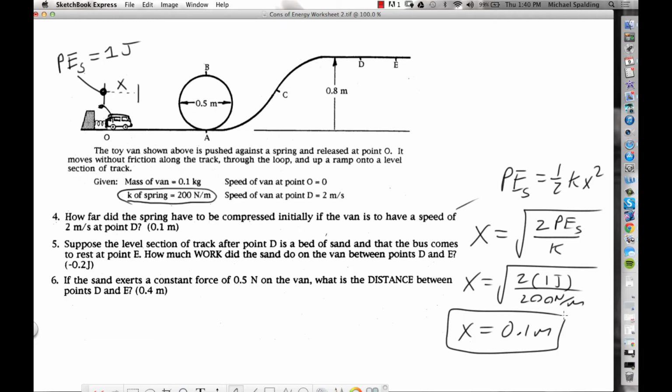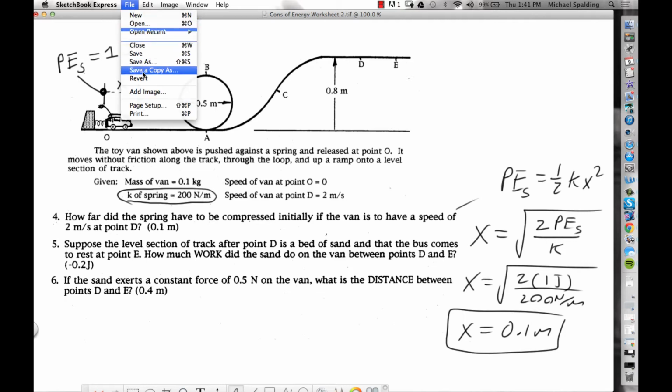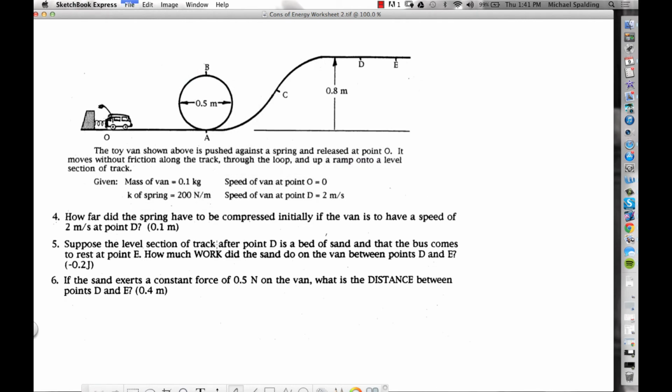All right, number 5. Let's revert this. Any questions on 4? Okay, number 5. Suppose the level section of track after point D is a bed of sand. Hey, man, after point D, if there was a bunch of sand up here, what would that introduce? Friction.